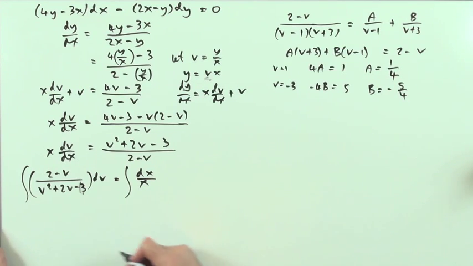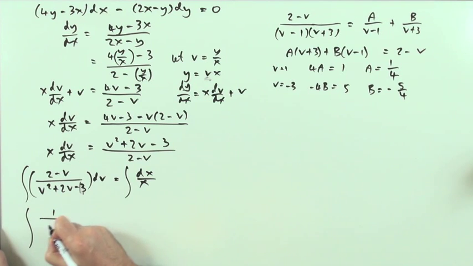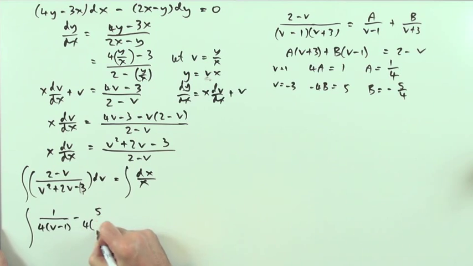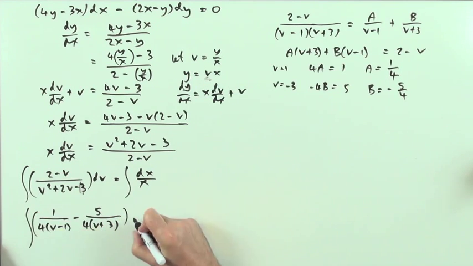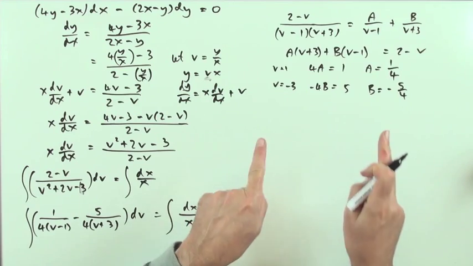So I could put that back down here as the integral of these two parts. I've got 1 over 4 times v minus 1 minus 5 upon 4 of v plus 3, dv, is the integral of dx upon x. I better take this up here.